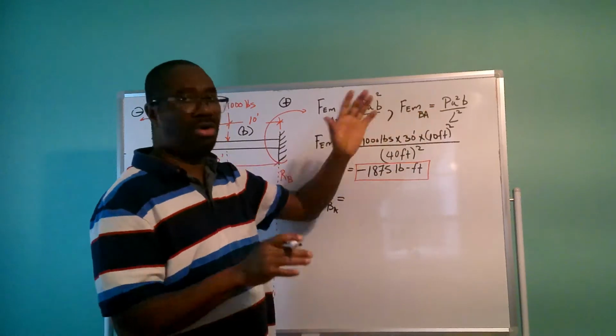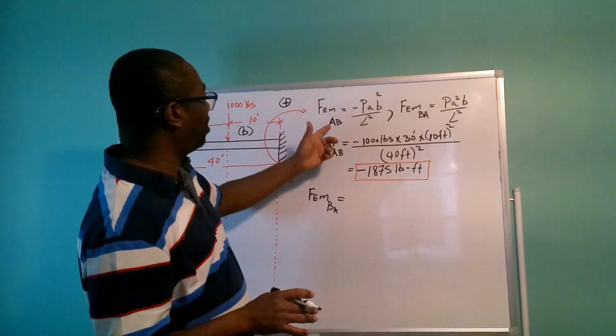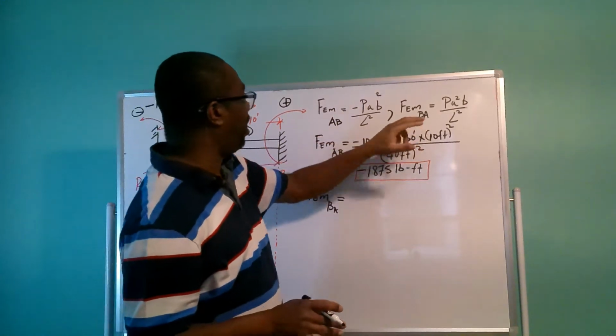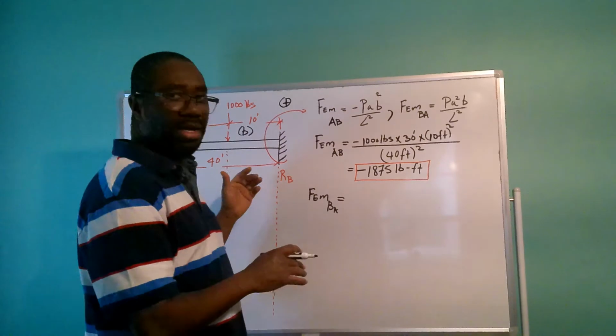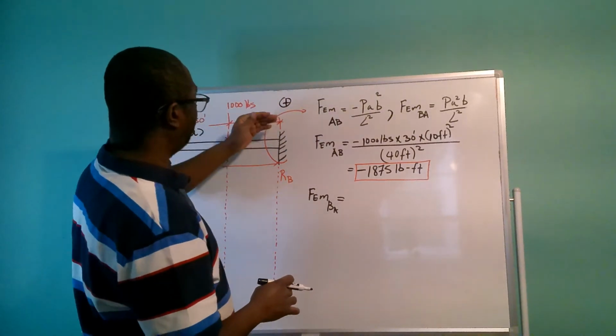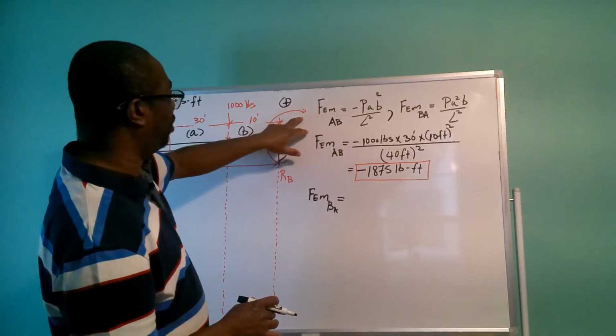This time, if you observe, we are not using the minus sign as in the case of AB, because at BA the beam is turning in a positive direction. So we do not have to use the minus sign; we use the sign convention here as a plus.